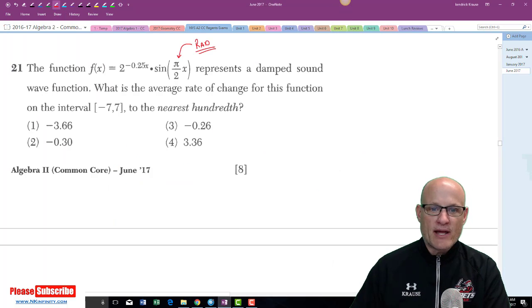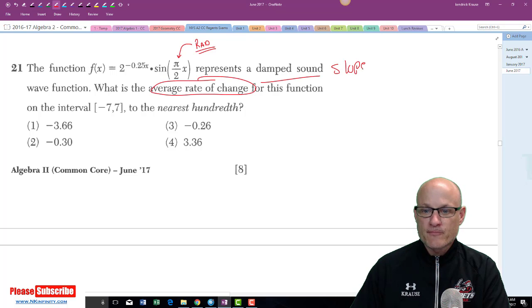Now you had to remember that rate of change is of course the same as slope. So we're going to do the change in y's over the change in x's. Well, the x's are pretty easy. So I'm doing -7 first, and I'm going to subtract 7.